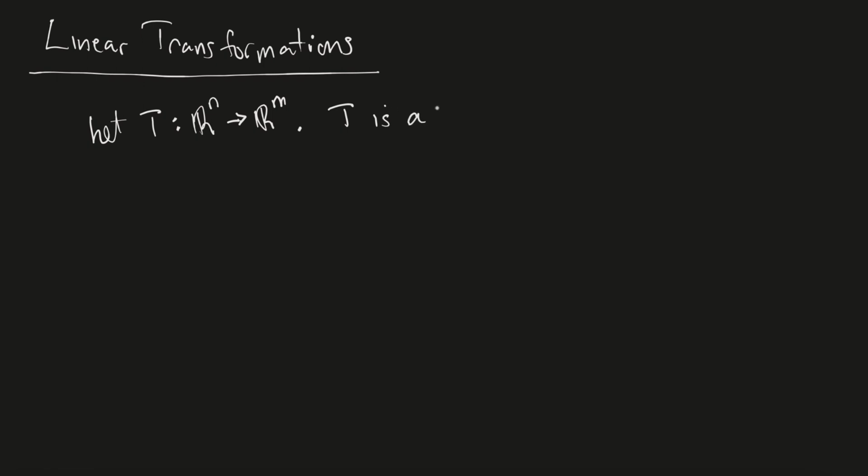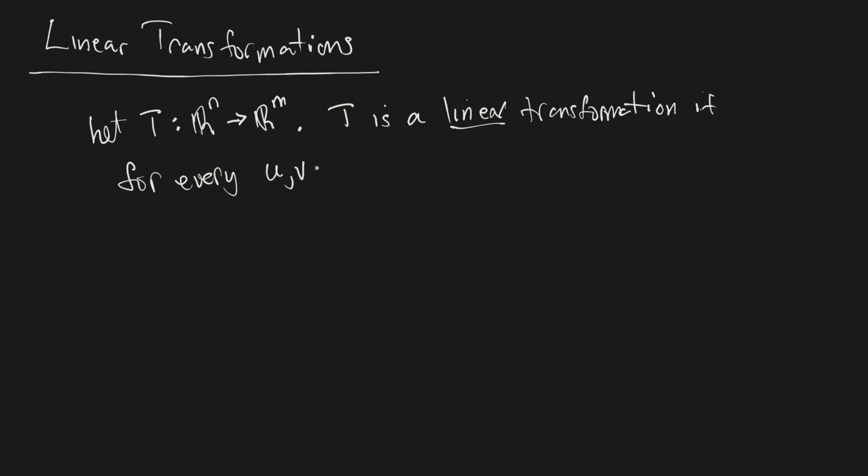T is a linear transformation if, that is, so if for every u and v in Rn and C in R, right?